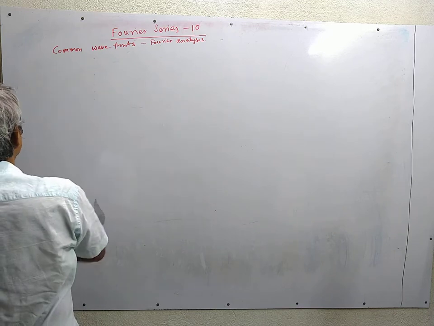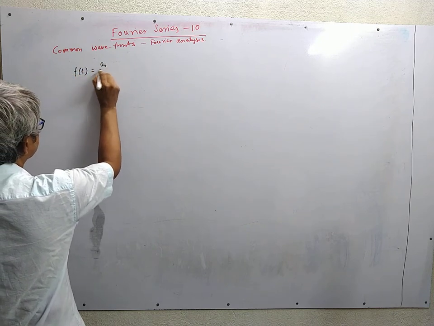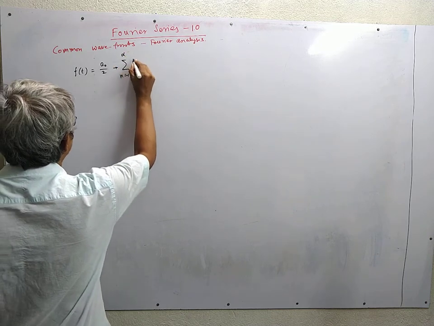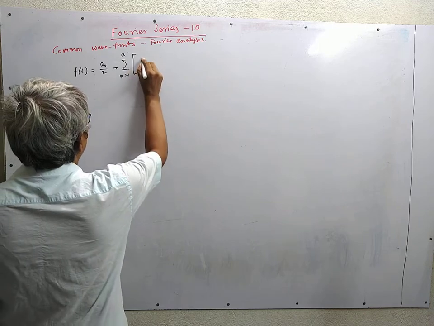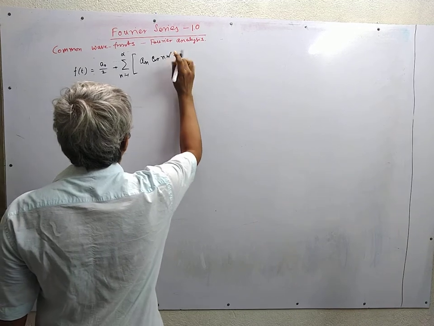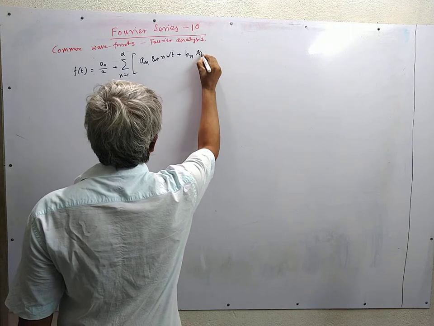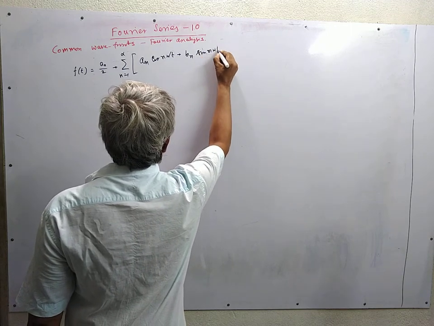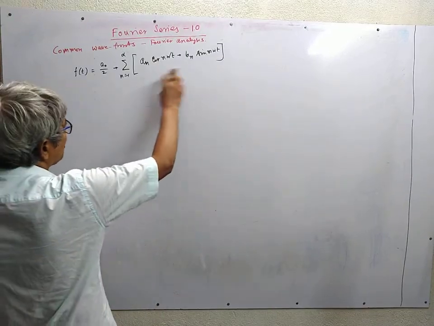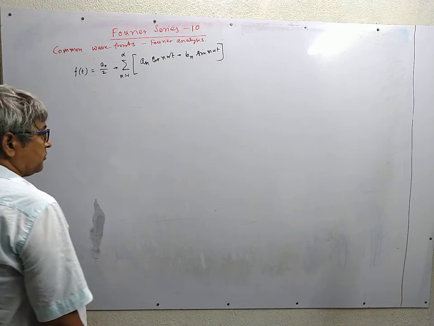If we have a function f of t which satisfies Dirichlet's condition, then it can be written as a0 plus the sum from n equal to 1 to infinity of an cos of n omega t plus bn sine of n omega t, and n equal to 1 is called the fundamental, and n equal to 2 onwards are called the harmonics.